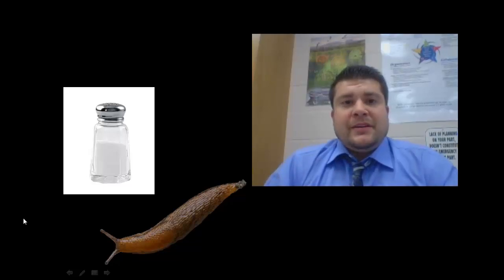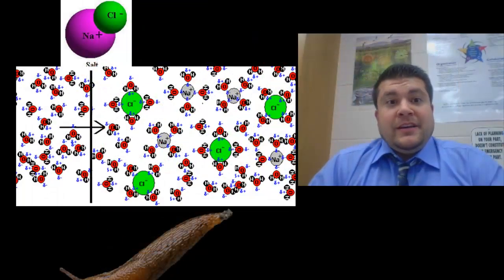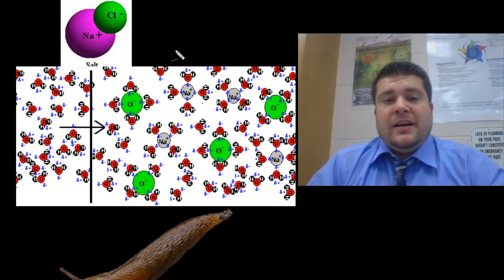What's going on chemically when we pour the salt onto a slug, which we should never do? Well, salt has an ionic bond, and when we put it with water, the salt crystal will actually break apart into chlorine and sodium ions.